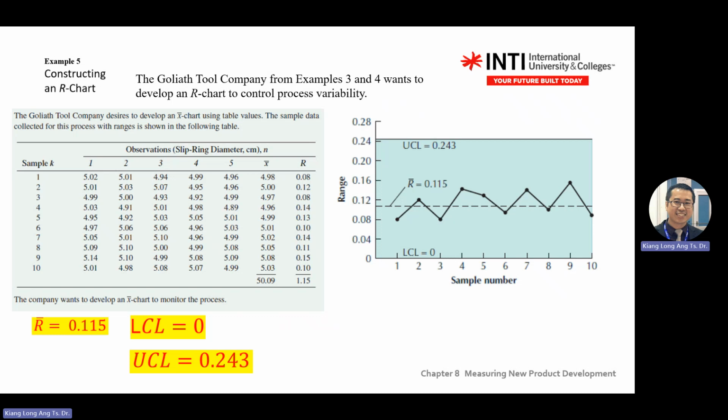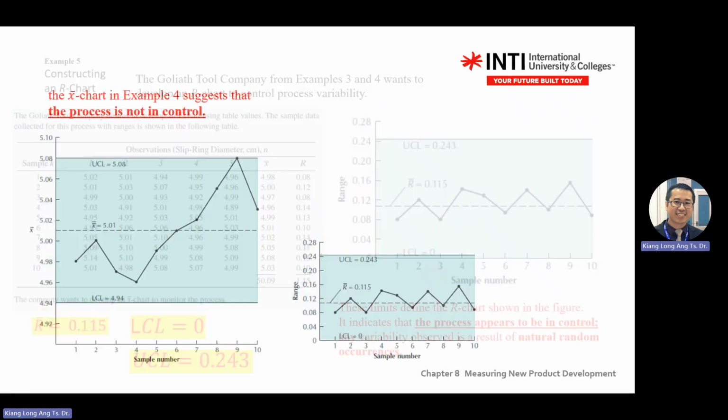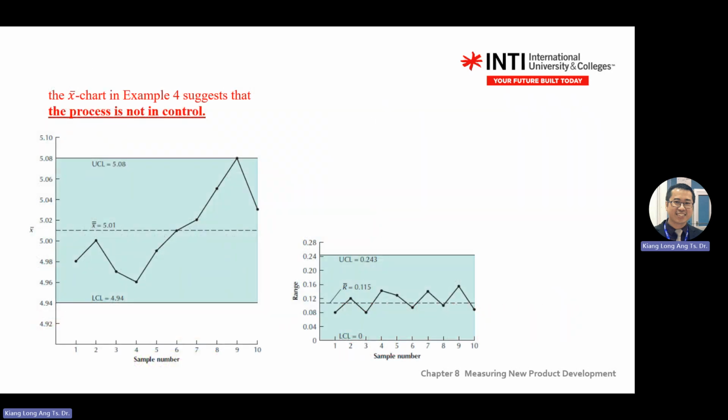Is the data in control? The answer is yes, it's in control on the range chart. The process seems to be in control. So the X bar chart, in example 4, the process is going out of control.